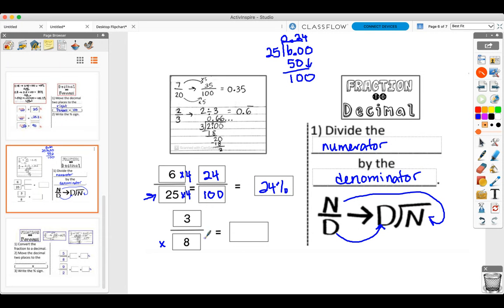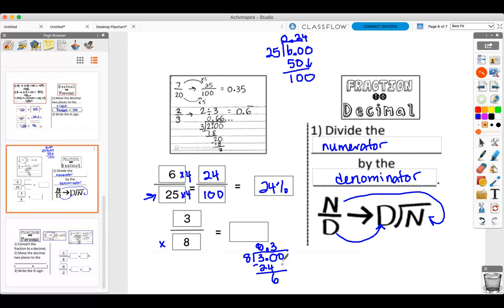3 divided by 8, you actually have to divide here. So the 8 goes on the outside, the 3 underneath. 8 goes into 3 0 times. Have a decimal point here, a decimal point there, add a 0. 8 goes into 30 3 times. 8 times 3 is 24. So you're going to get a 6.